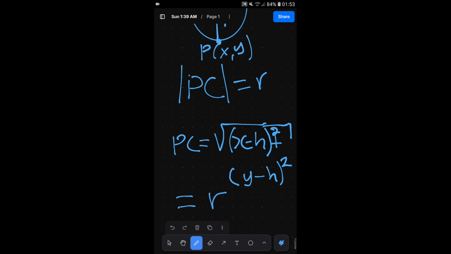So the magnitude of the distance between the center of the circle and the arbitrary point P on the circumference gives the radius of the circle.